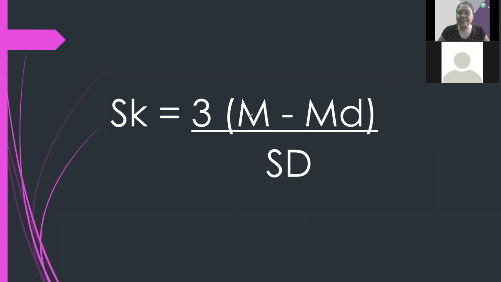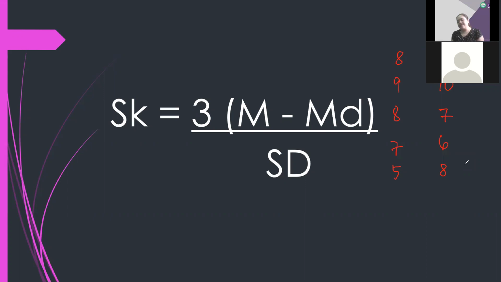Sige, let's try. I'll give you a set of data. 10 lang ito para hindi tayo mahirapan. You may use your JASP. Actually, may skewness din sa JASP, pero let's have first the manual computation. Example, you have this set of data: 8, 9, 8, 7, 5, 3, 10, 7, 6, 8.